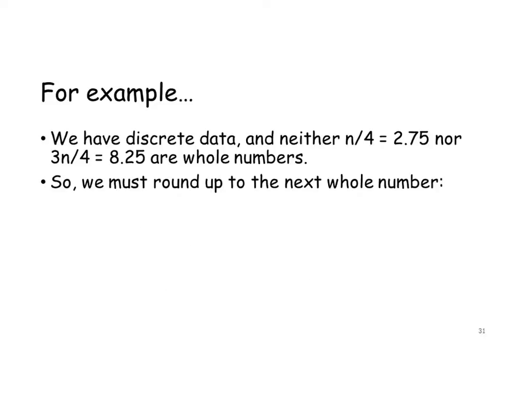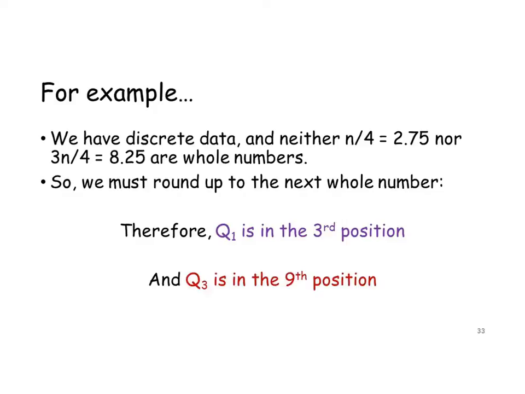We have discrete data, and neither n divided by 4 equaling 2.75 nor 3n divided by 4 equaling 8.25 are whole numbers. So that means in both cases we need to round up to the next whole number. So Q1 will be in the third position, rounding 2.75 up to 3, and Q3 will be in the ninth position, rounding 8.25 up to 9.